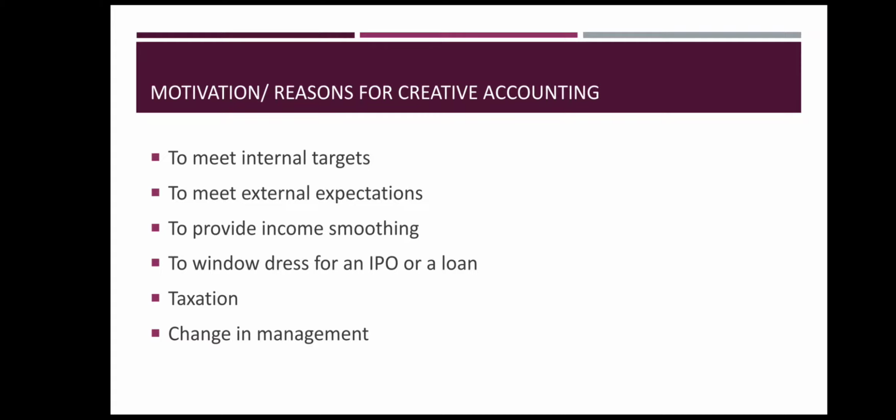So in the coming years, if by chance the company has incurred a loss or has earned less profit in that particular year, then these reserves can be utilized for showing the proper profit, or the consistent profit that the company has earned throughout these years. So for this, creative accounting is used by the company.